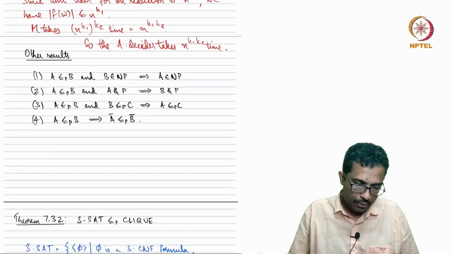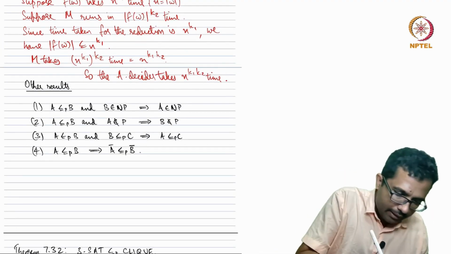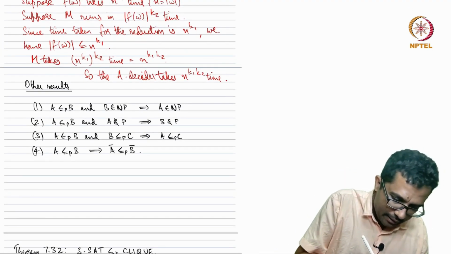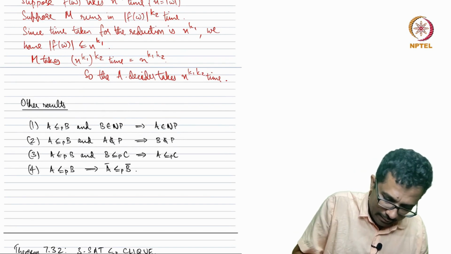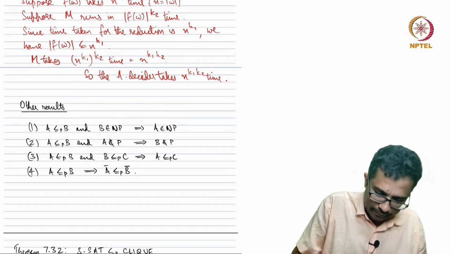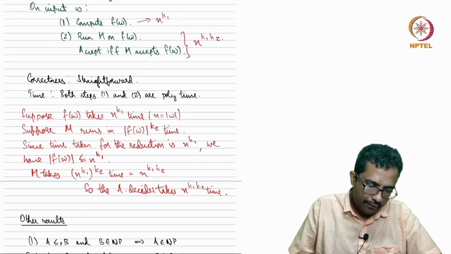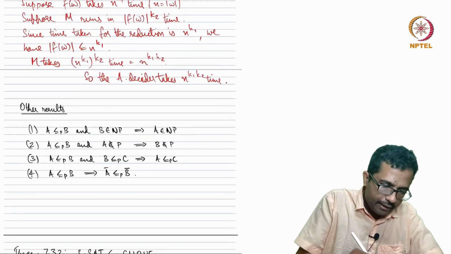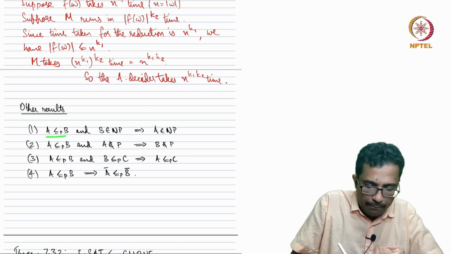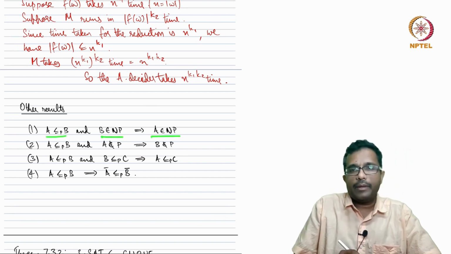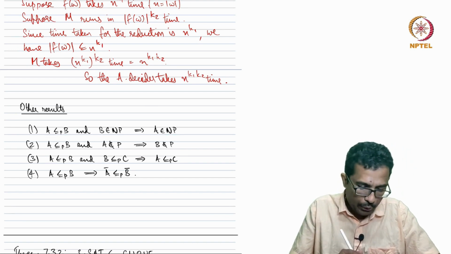Now briefly, some other results that I'll mention. One is that if A reduces to B in polynomial time and B is in NP, then A is in NP.